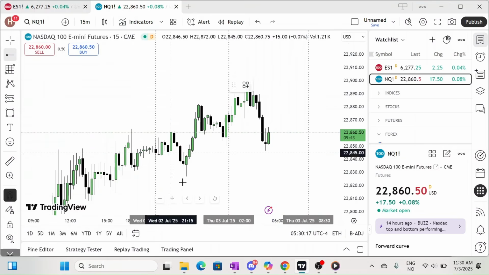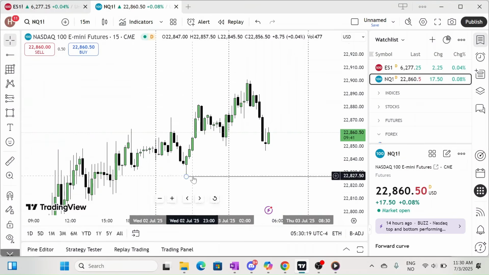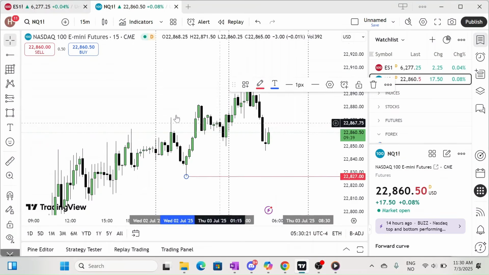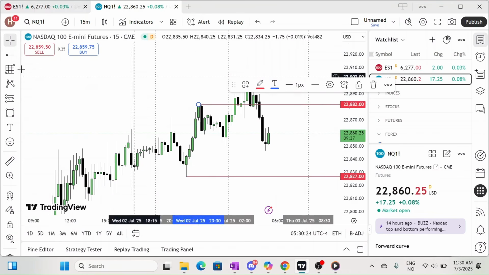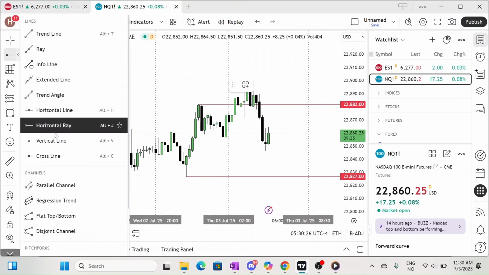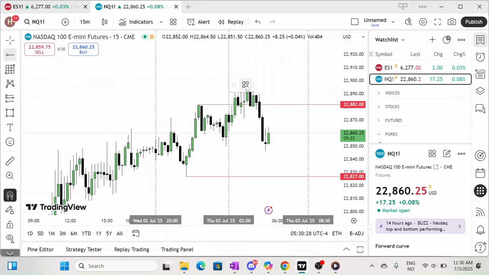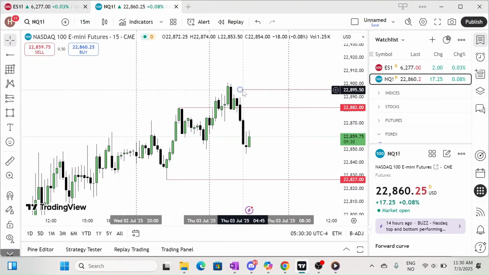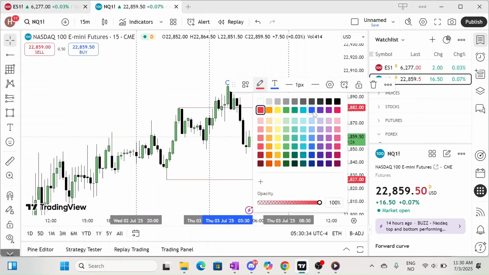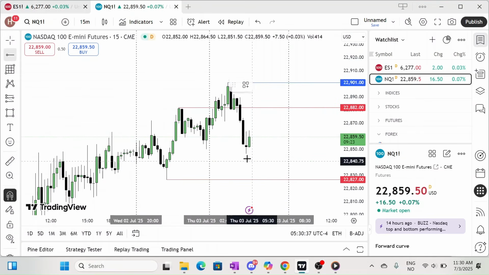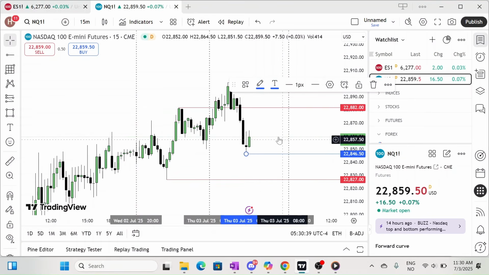I will see right here we have some Asia lows, and we have Asia highs, and then we have some London highs right here too. This is currently the London low.